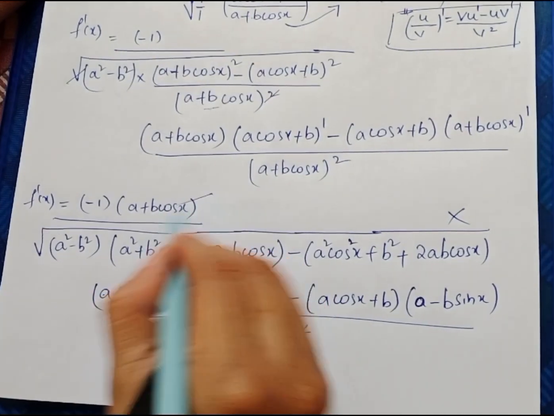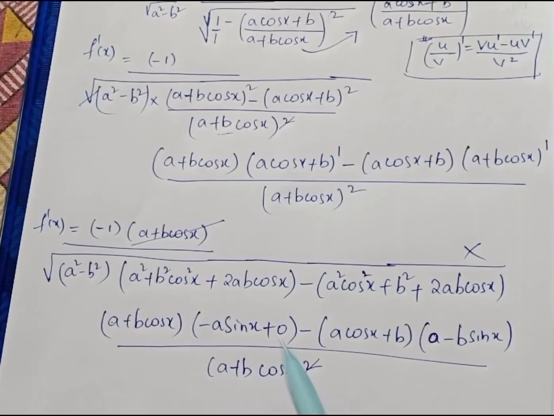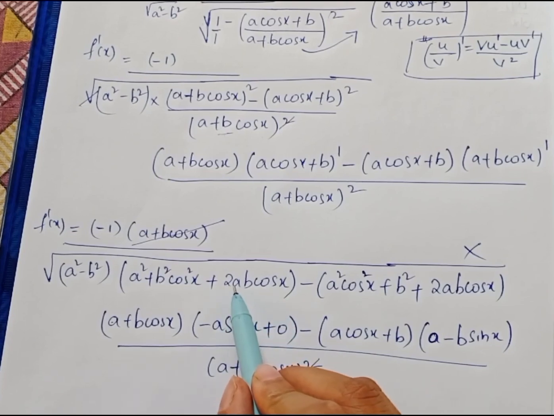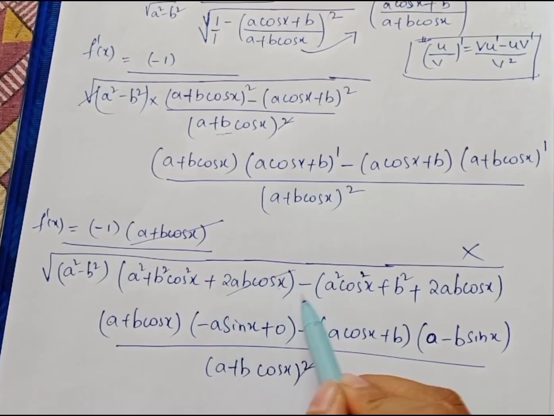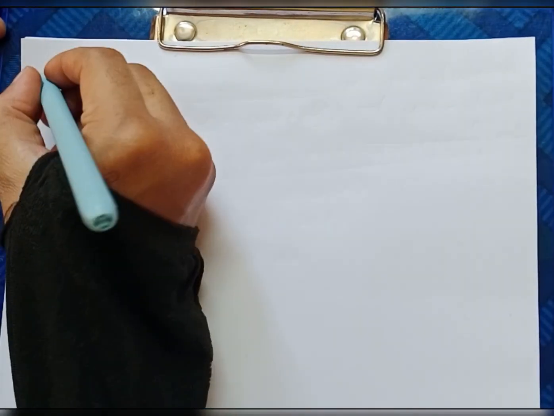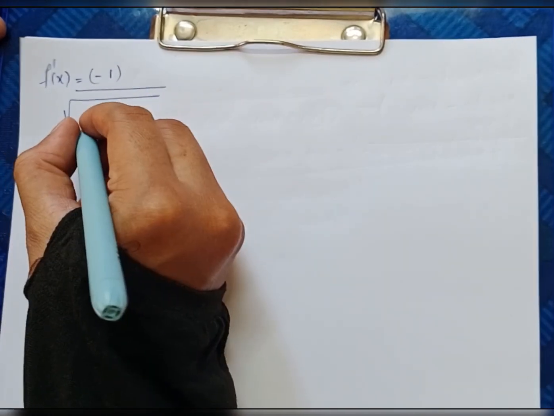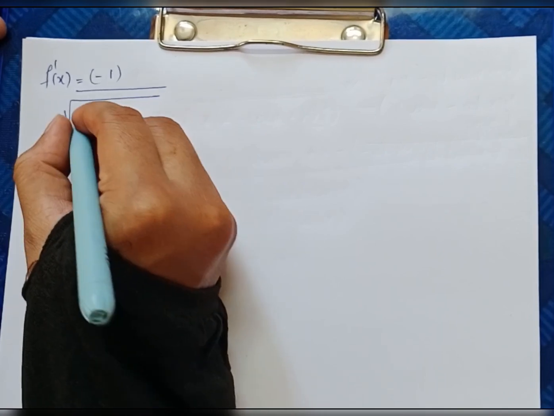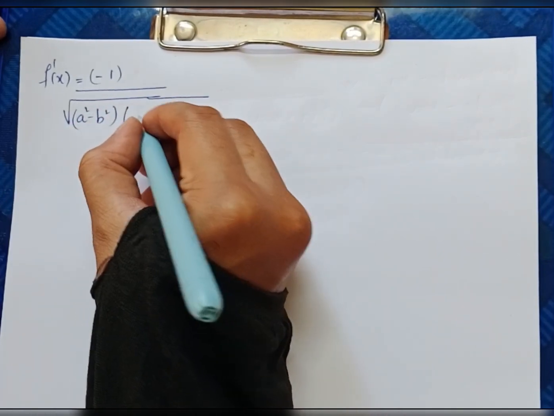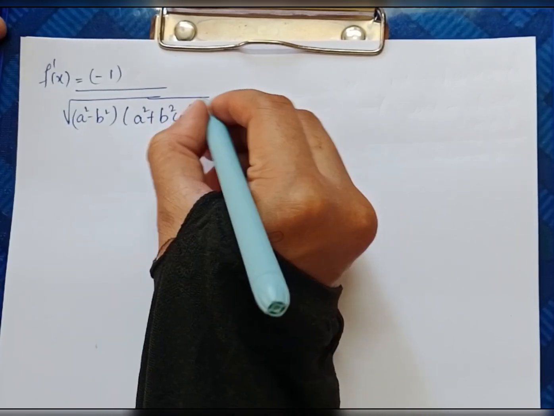Here this square and this term get cancelled, and this plus 2ab cos x and this minus get multiplied, so it is also negative, so this also gets cancelled. So our next term is f dash of x is equal to minus 1 by root of a square minus b square. We are left with the terms a square plus b square cos square x.